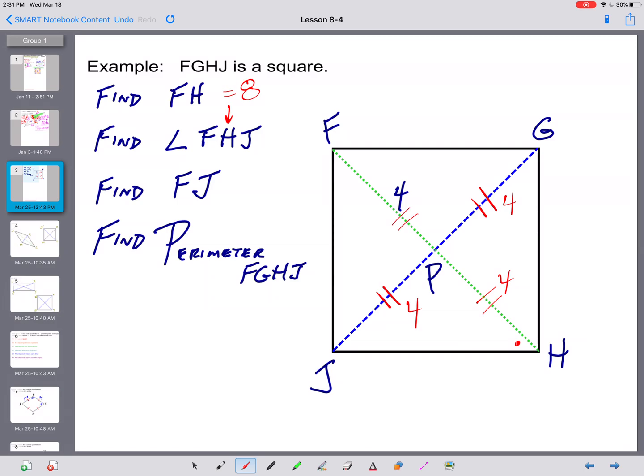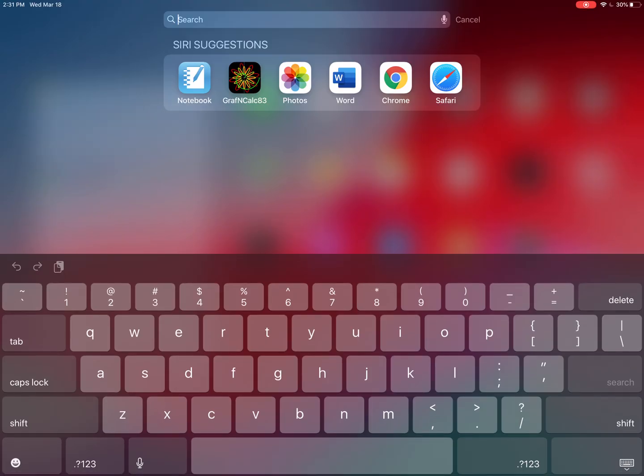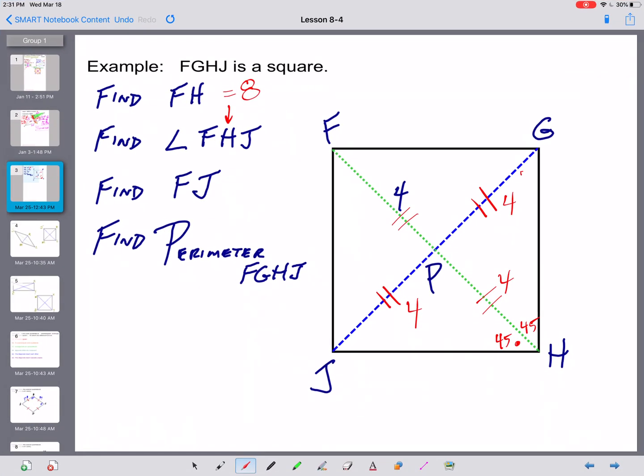The diagonals bisect every angle, so we got 45 here, 45. We got 45s all over the place. So that angle right there is 45 degrees.